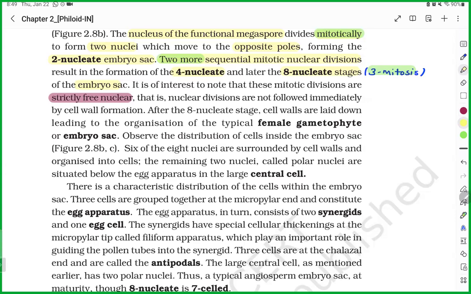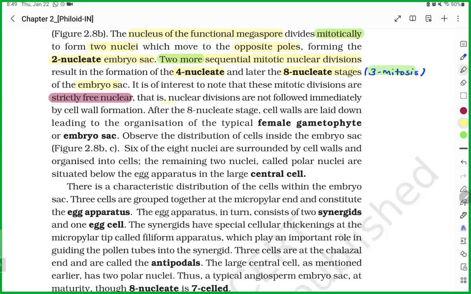For example, a family gives freedom to the girls: you have full freedom, you can go anytime, come anytime, but only between morning 10 to evening 4 o'clock. So this is freedom for sure, but strict freedom with a time limit. Same thing here: the nucleus is freely dividing from 1 to 2, 2 to 4, 4 to 8, free division, but not absolute freedom of unlimited number of divisions. Understood, Anvita?